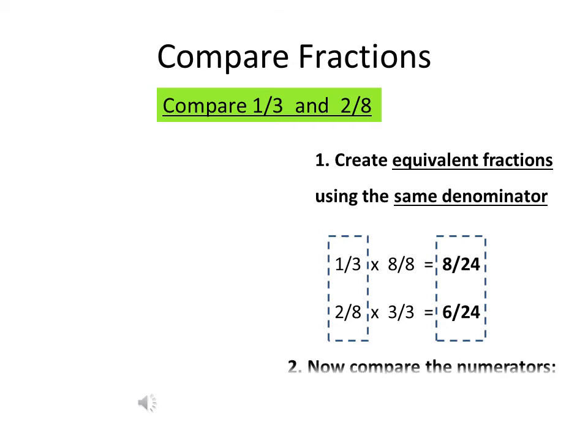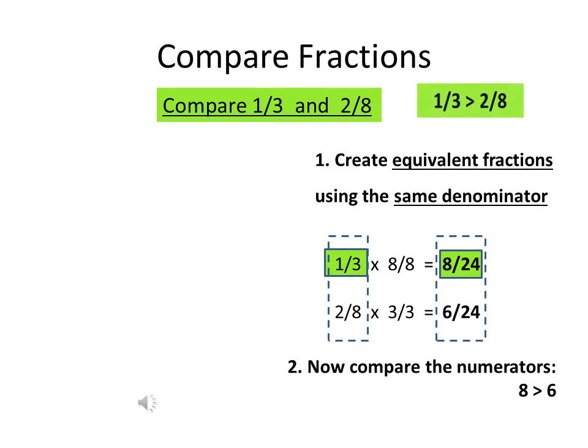Now compare the numerators. Well, 8 is greater than 6. Therefore, 8/24 is greater than 6/24, and 8/24 equals 1/3. So 1/3 is greater than 2/8. And we can see this if we look at a picture that compares 1/3 and 2/8 along the blue dotted line.